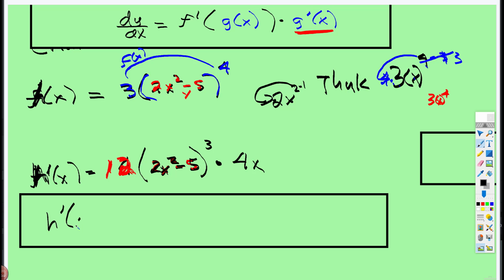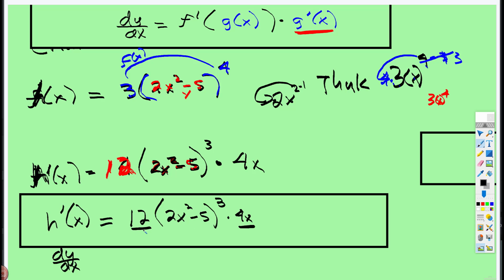So h prime of x, or if you want to put dy dx, that's fine, is equal to 12 in parentheses 2x squared subtract 5 cubed times 4x, and then these two outside numbers multiply. 4x times 12, when we multiply this term times that term, we end up getting 48x.